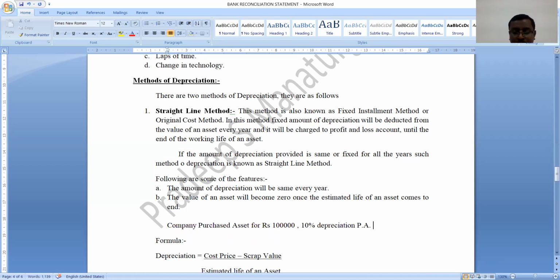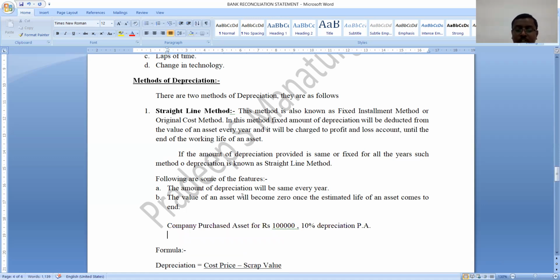Then what would be the amount of depreciation? This method is also known as the fixed installment method or original cost method. It is the original cost method because every time we are going to charge depreciation on the original cost of an asset, that is rupees 1 lakh.